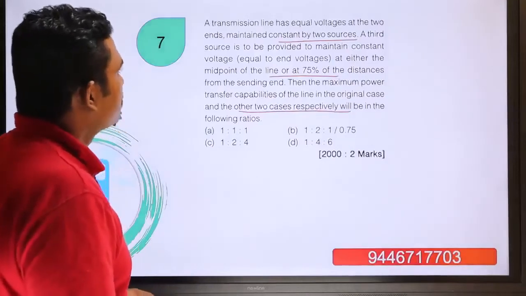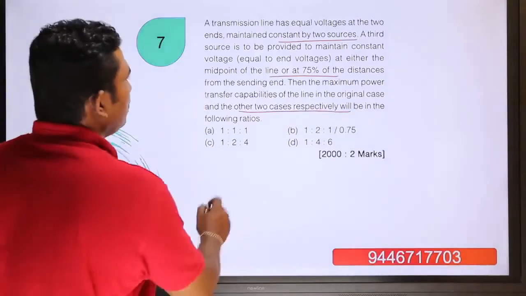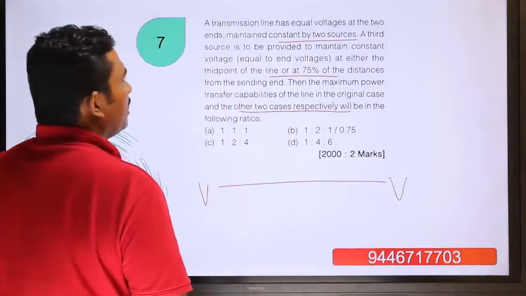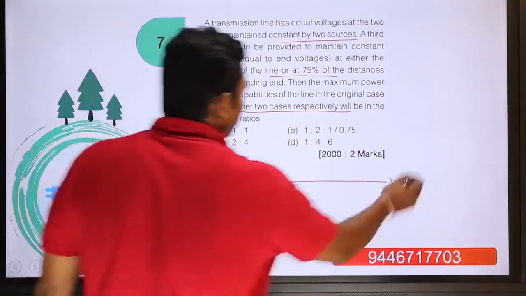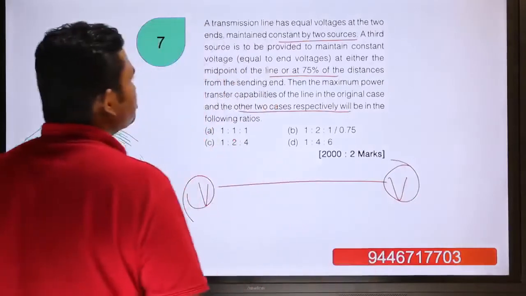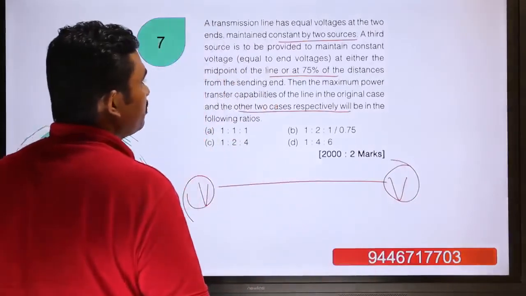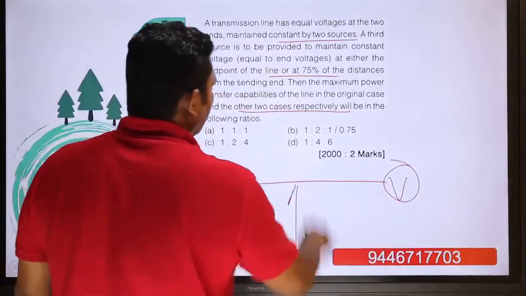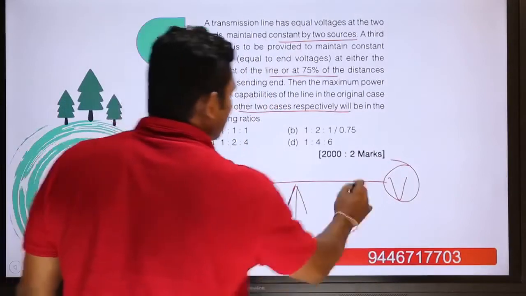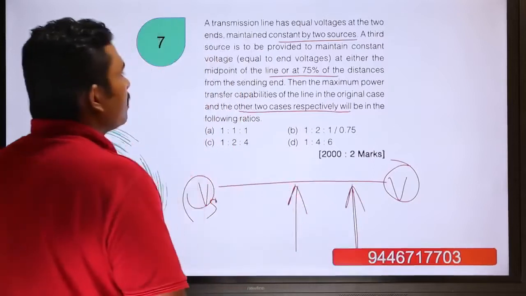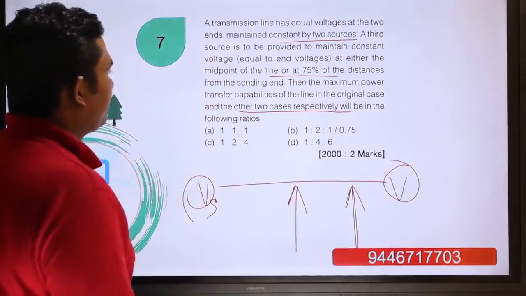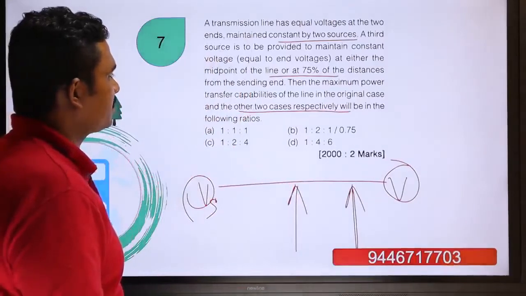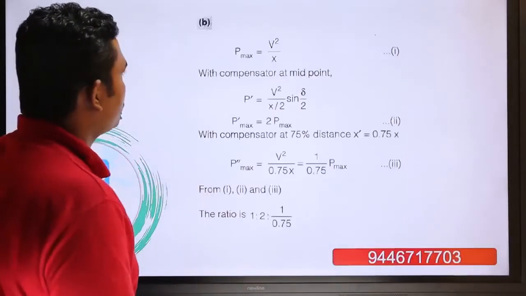A transmission line has equal voltages at the two ends which are maintained constant by two sources. So here we have two sources injected at the ends. A third source is to be provided to maintain constant voltage either at the midpoint of the line or at 75% from the sending end. Then the maximum power transfer capabilities of the line in the original case and the other two cases respectively will be in the following ratios is the question.